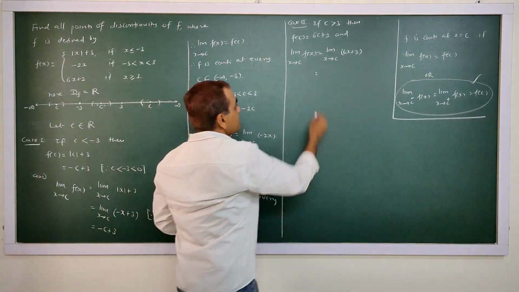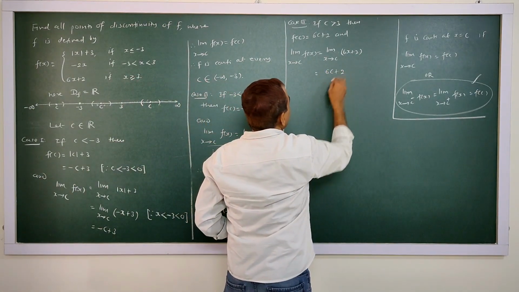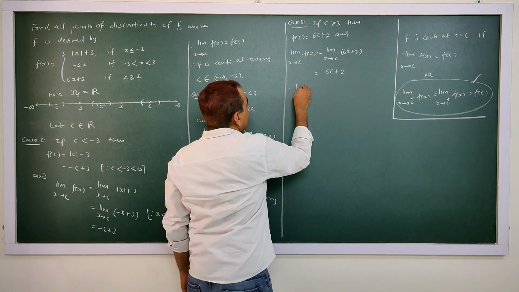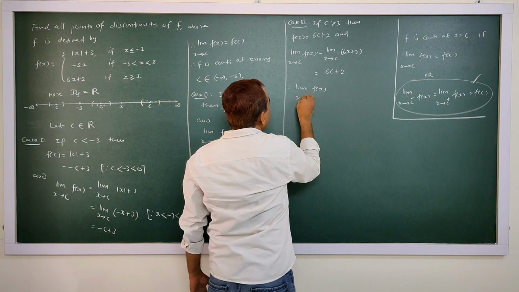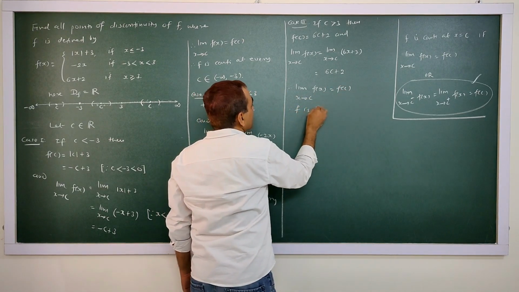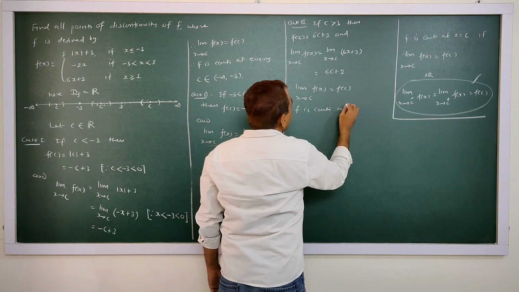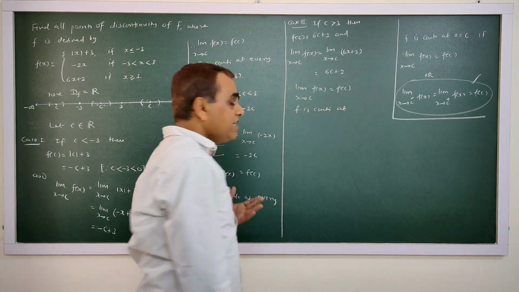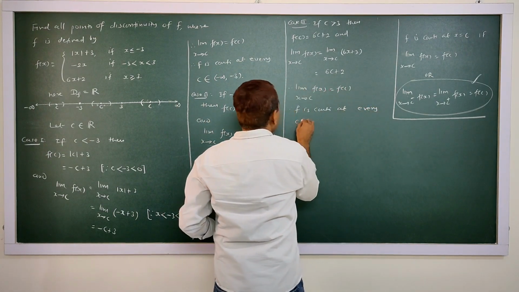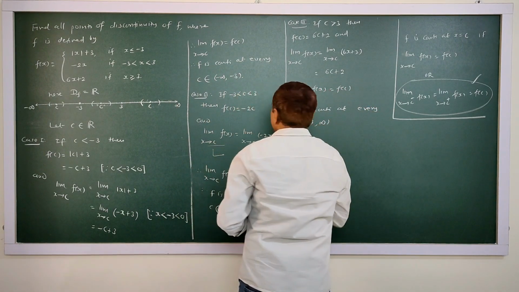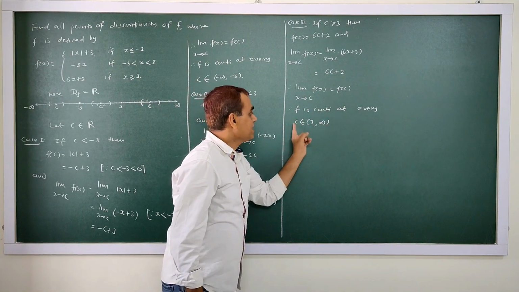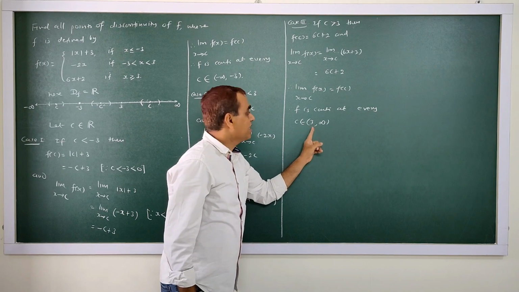Now putting c, it will be 6c plus 2. So again see these values are equal. Therefore, limit of f(x), x tends to c is f of c. So the function is continuous at every c belonging to 3 to infinity.